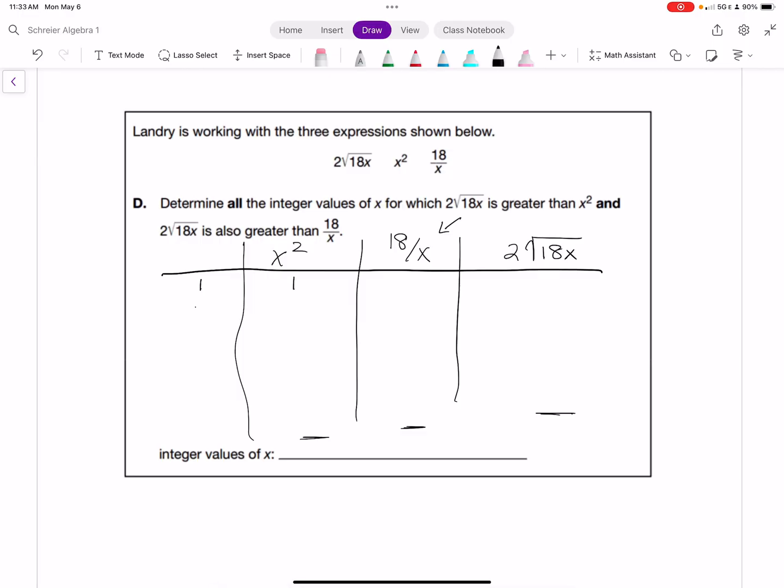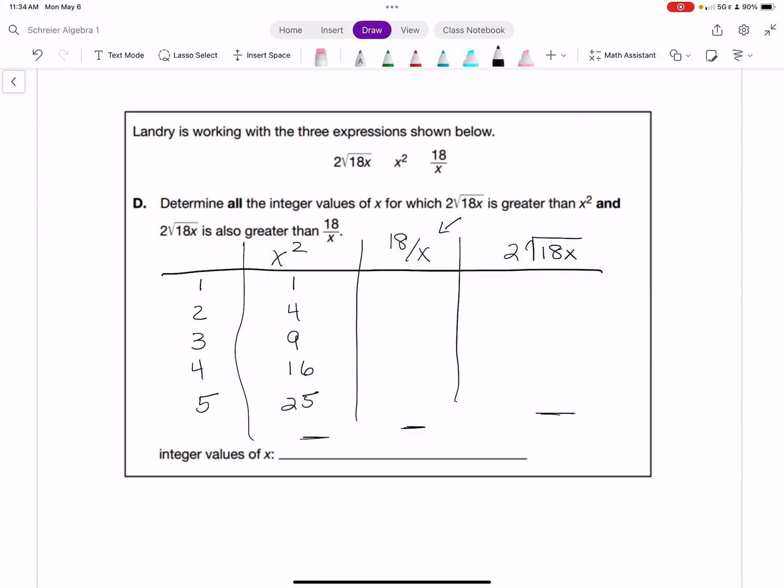Let's move on to 2. 2 squared is 4. Moving on to 3. 3 squared is 9. Moving on to 4. 4 squared is 16. And moving on to 5. 5 squared is 25. So those are the values, or some integer values, of x squared.